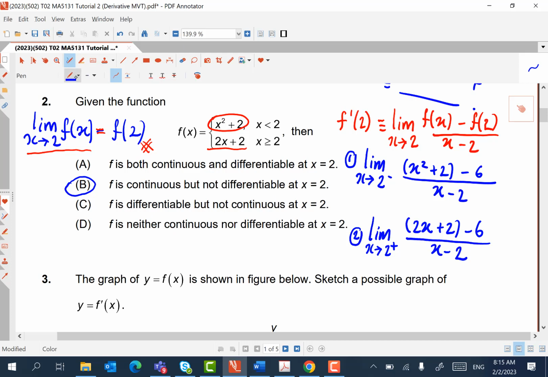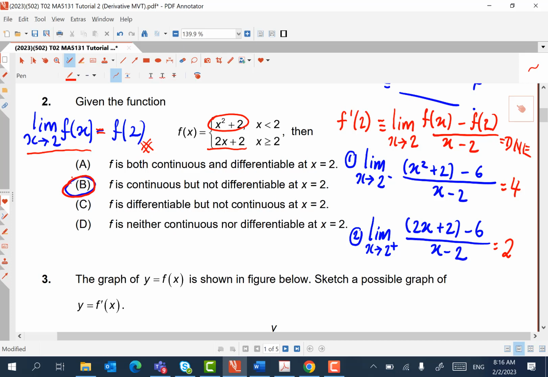Okay. Fill me in, Chimaya. For the first derivative, the left derivative, what does it work out to be? 4, is it? Okay, I take it from you. 4. The next one? 2, is it? Okay. And because the left and right derivatives are not the same, we therefore conclude that it is not differentiable, and as such, B is truly the choice.